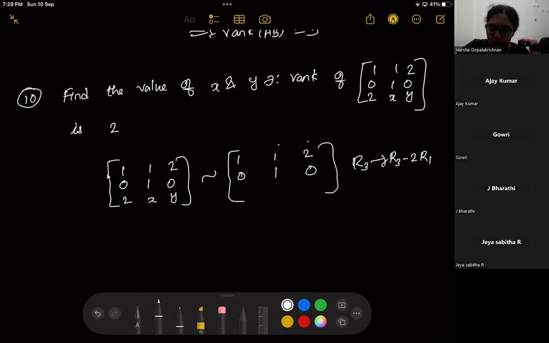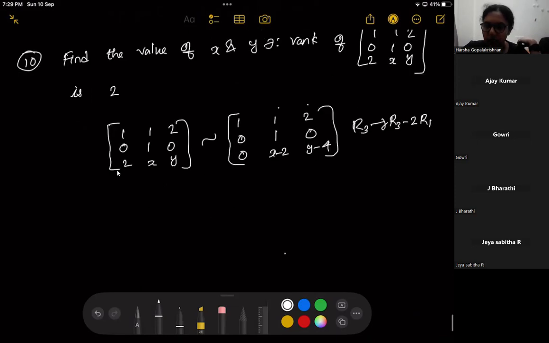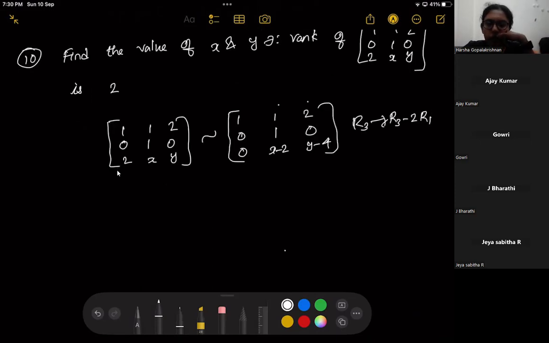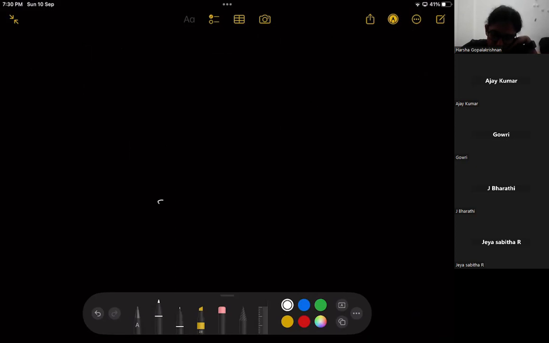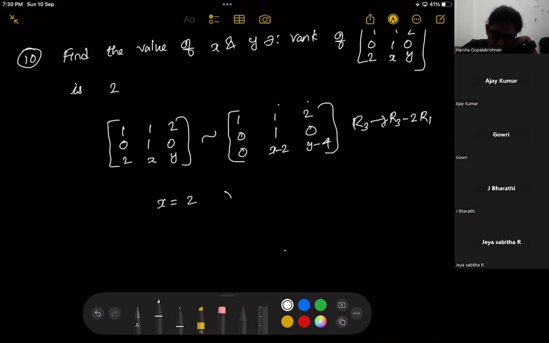That means 2 minus 2 times 1 equals 0, and x minus 2, and y minus 2 times 2, which is 4. So what should be the values of x and y for the matrix to have rank 2? x equals 2 and y equals 4.